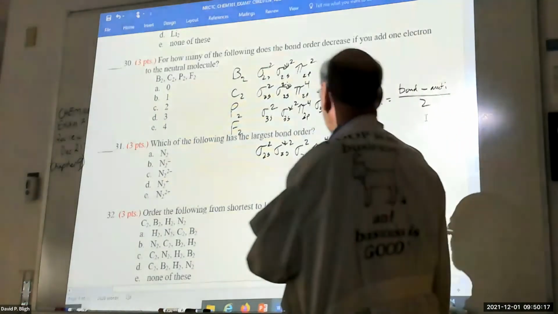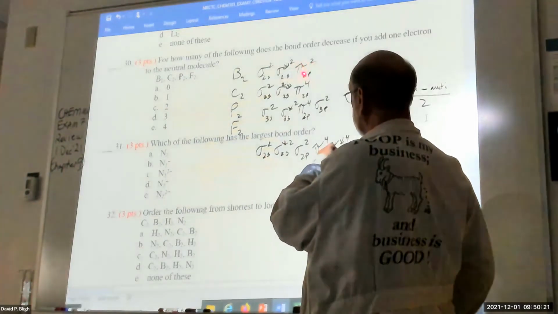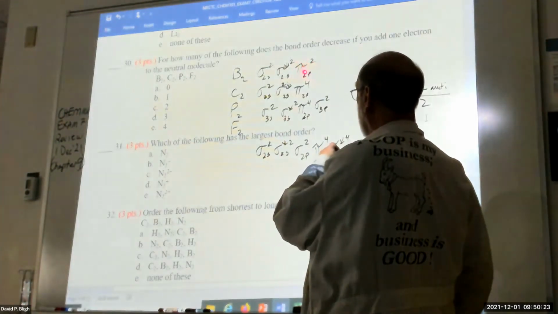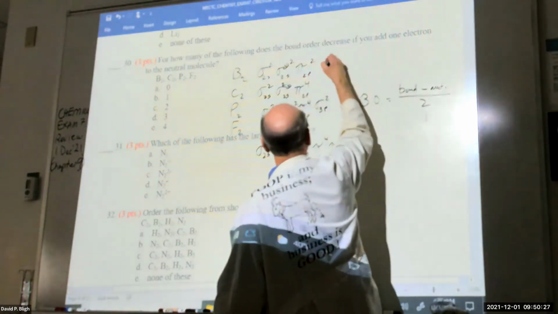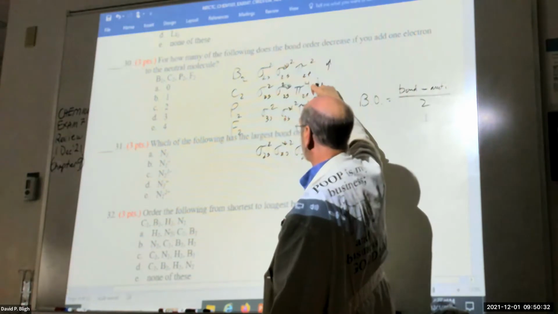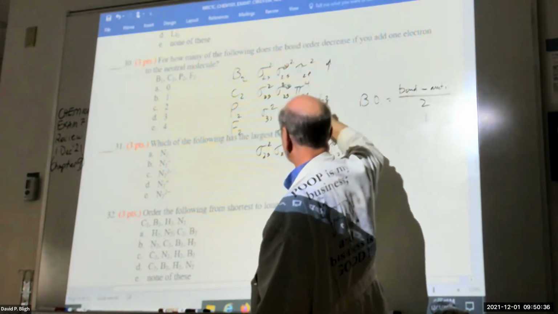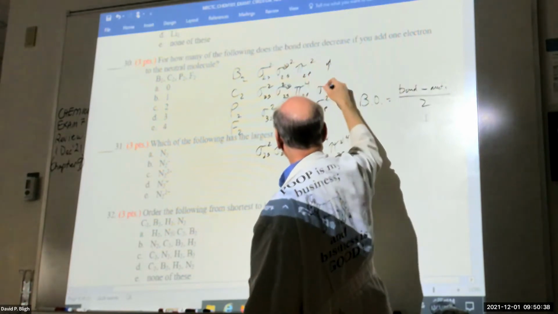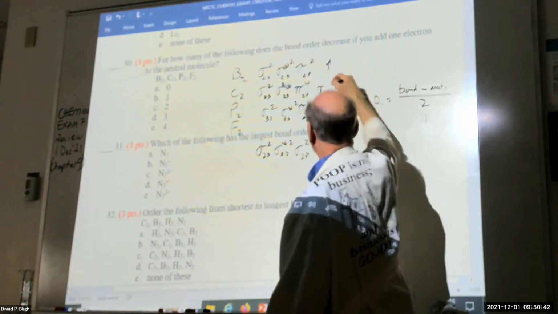So let's see, if we add, we've got room here for this one, right? But that's a bonding. So this one's going to increase. This is increase. This one, we can't add any more to this one. But what's next? What's next is sigma. If we add one to that one, it's going to increase the bond order.